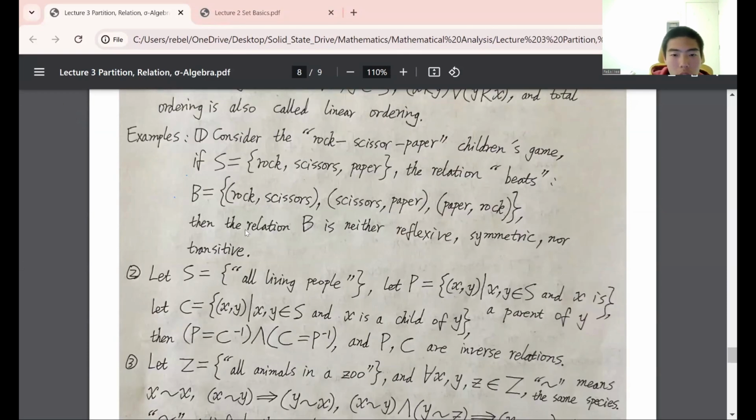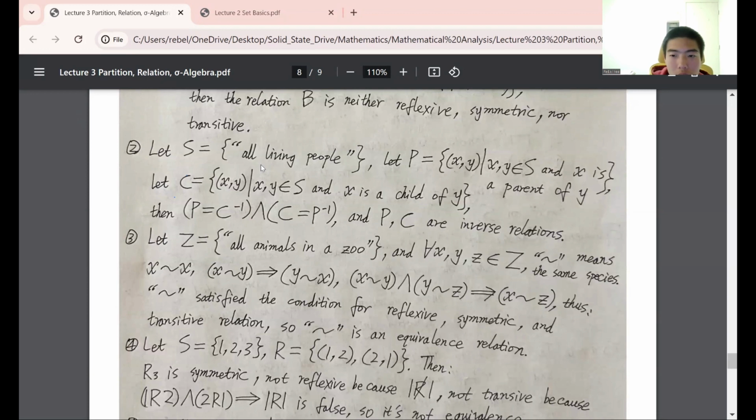So look at the second example here. S is all living people.